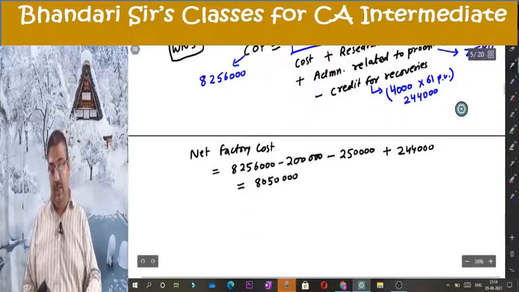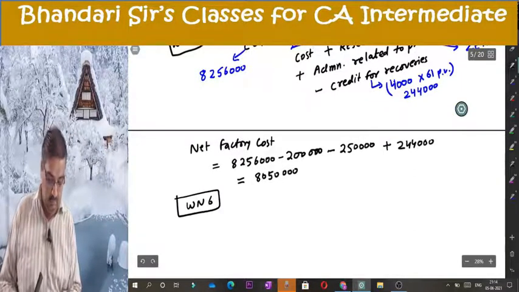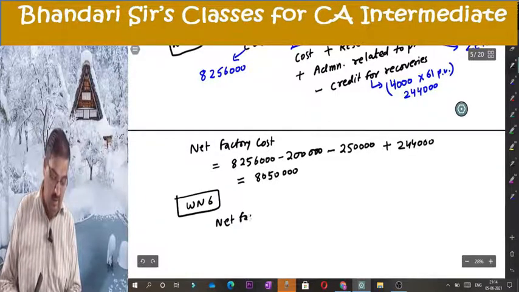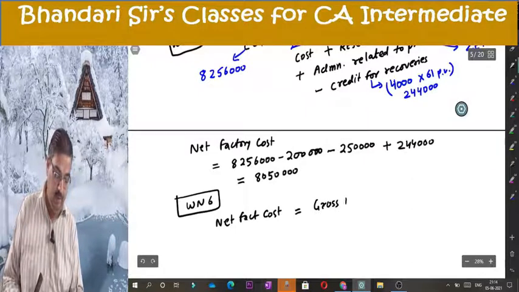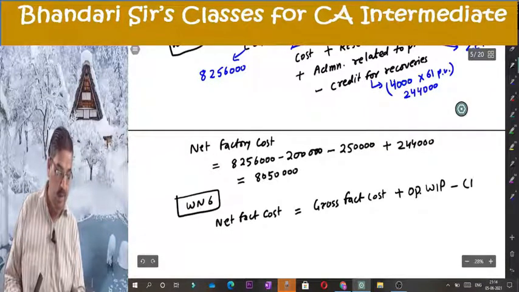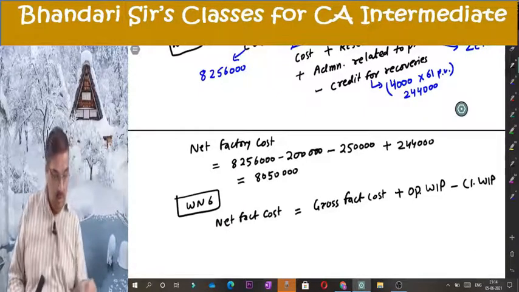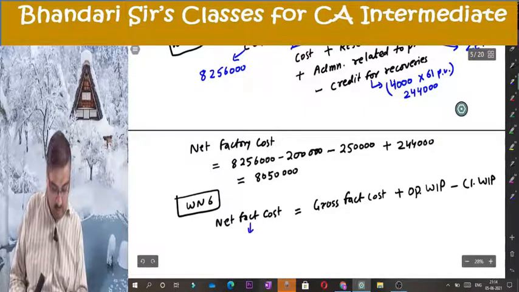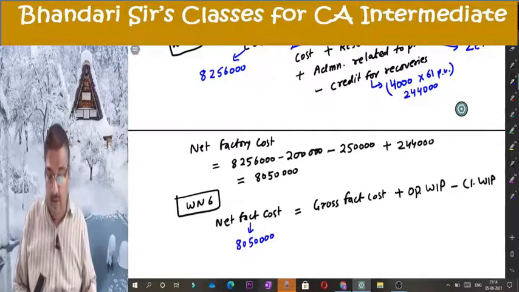So working note 6 is on gross factory cost. Net factory cost is equal to gross factory cost plus opening WIP minus closing WIP. Now, net factory cost I know, 80,50,000. Opening WIP should be given in the question.